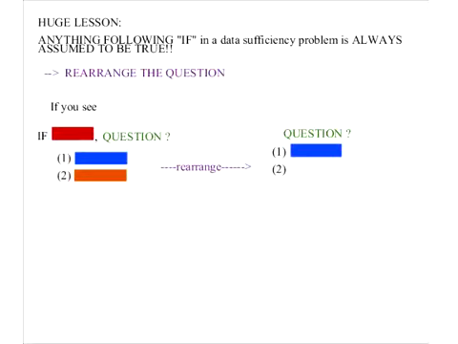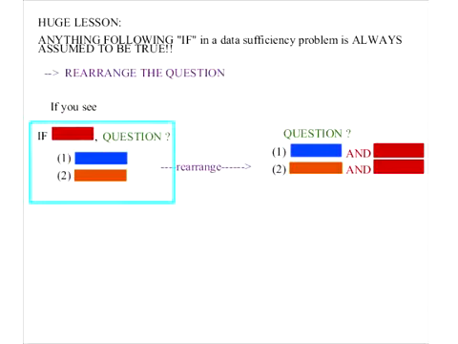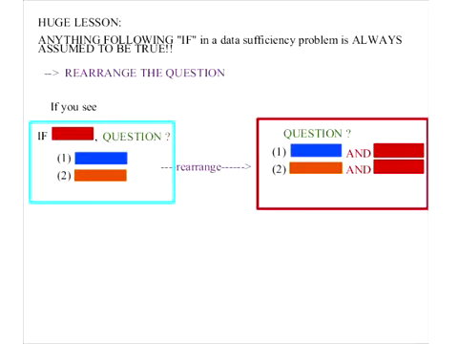Statement 2 is still that. But then whatever it says after the if part, you can add it. So statement 1 actually becomes 2 things. Statement 2 also becomes 2 things. This is a massive rearrangement that's really going to help you in a lot of these problems. It's going to make a lot of these problems much simpler. So if you see this sort of question, then you should rearrange it so that it looks like this.